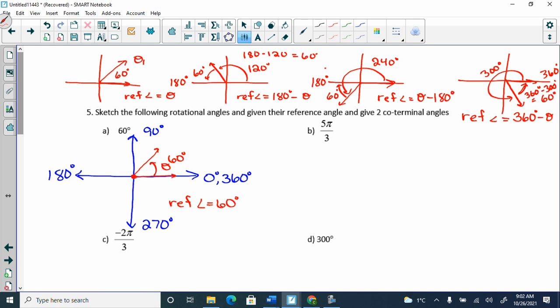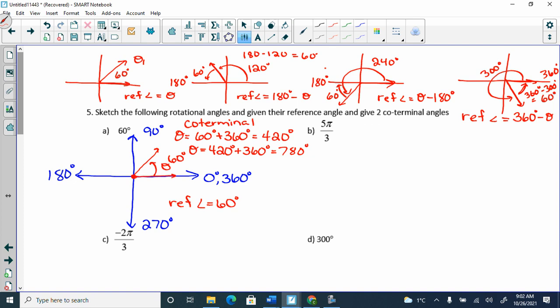Okay, how do I get a coterminal here? So I have the reference angle as theta. How do I get coterminals? Add 360. So we could go 60, theta equals 60 plus 360, which is 420. I could add another 360 to that, and it's going to be 780 degrees. Those are both coterminal, are they not?